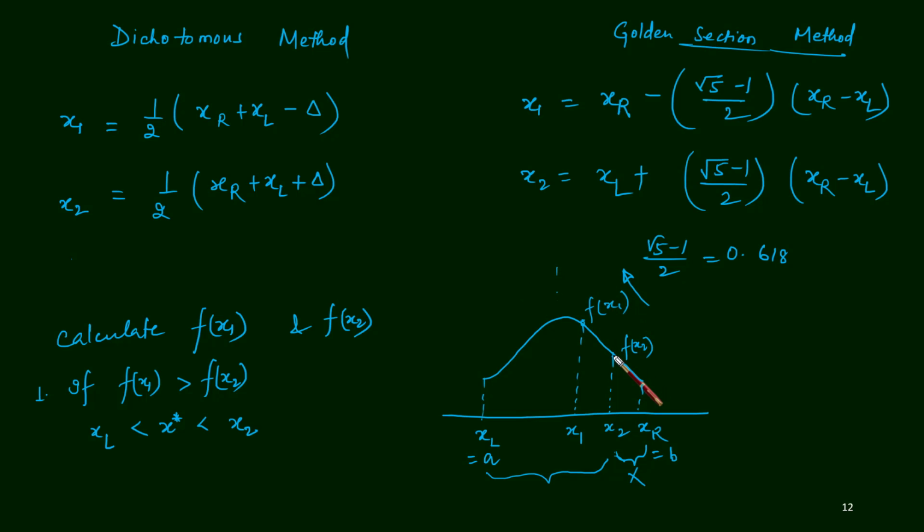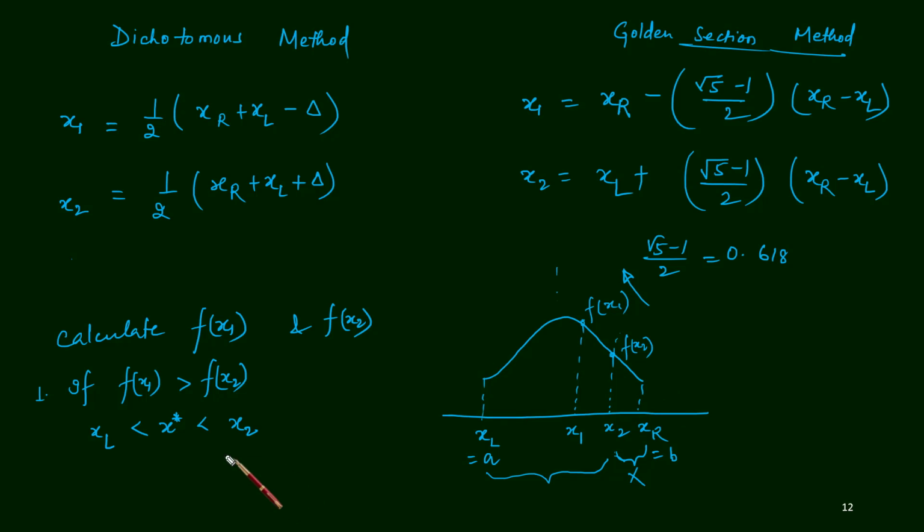There is no use of checking this area, isn't it? In between x2 and x1, somewhere in between, the maxima will be there, so we can exclude this value.